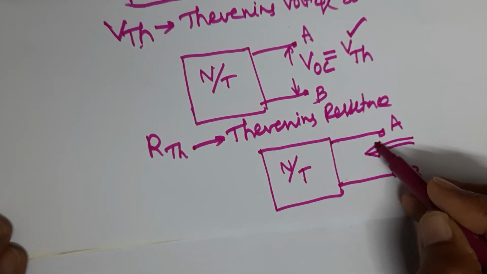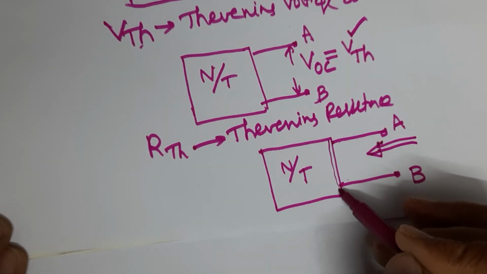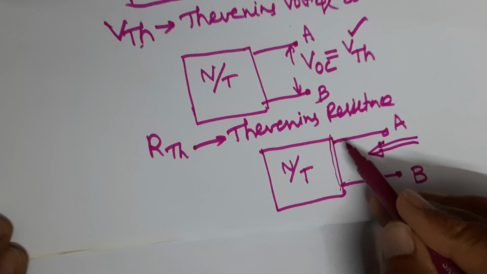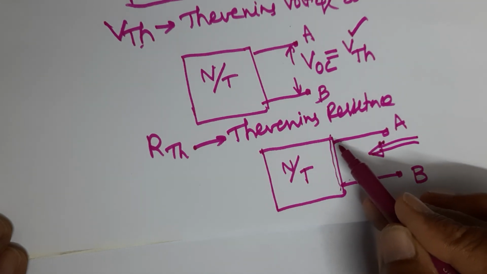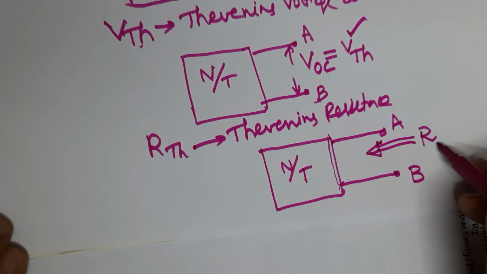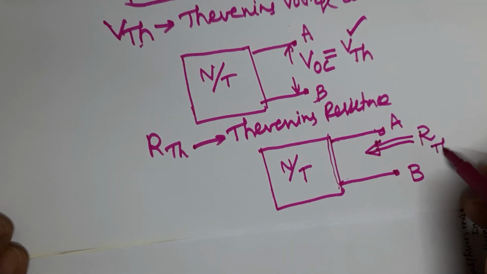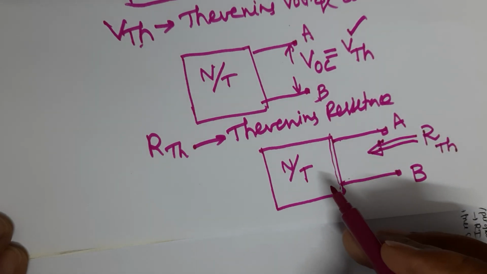Why are we viewing? While viewing, there should not be any voltage source within the network, because we are going to find an equivalent resistance across these two terminals, and that equivalent resistance is known as RTH.